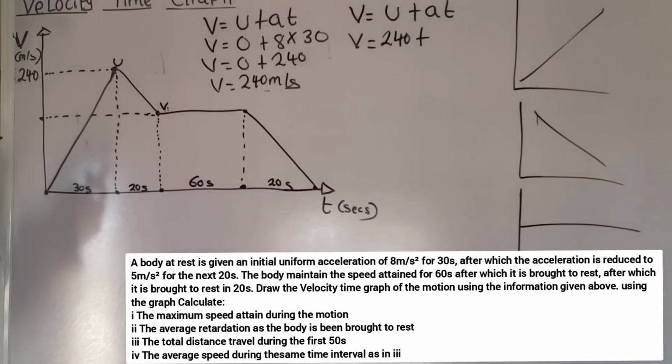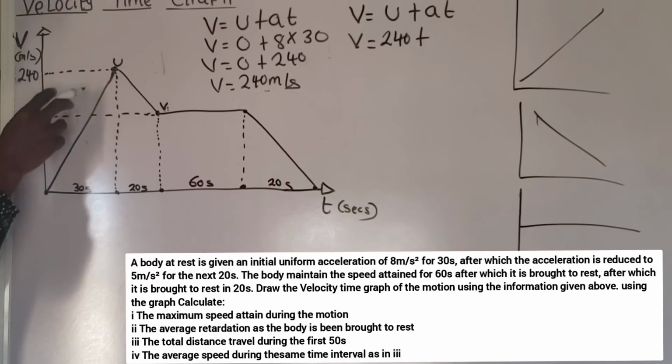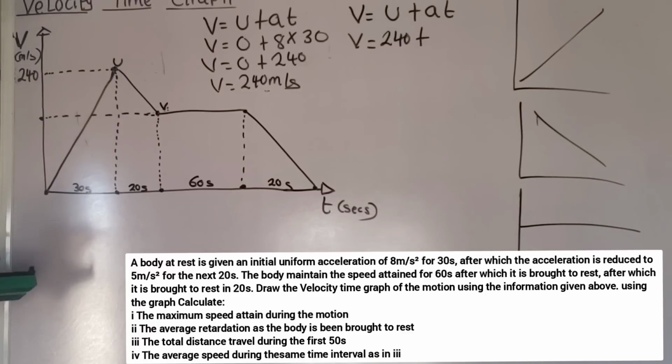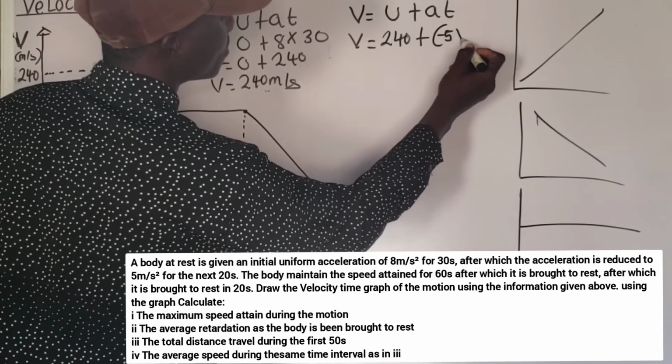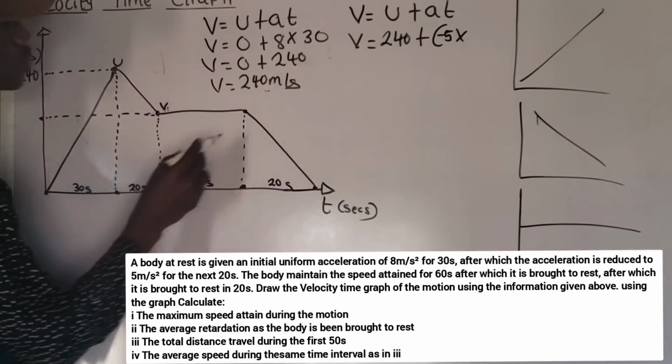Now, please pay attention. You can see that the body is decelerating. Therefore, a will be negative. The acceleration will be negative. It decelerates from this point to this point. So in this case, a is equal to negative 5 multiplied by the time, which is 20.